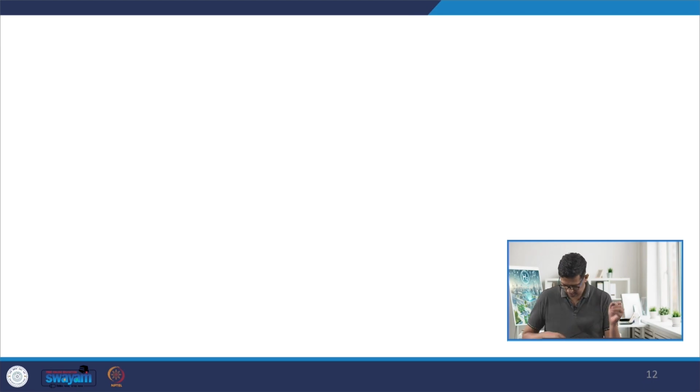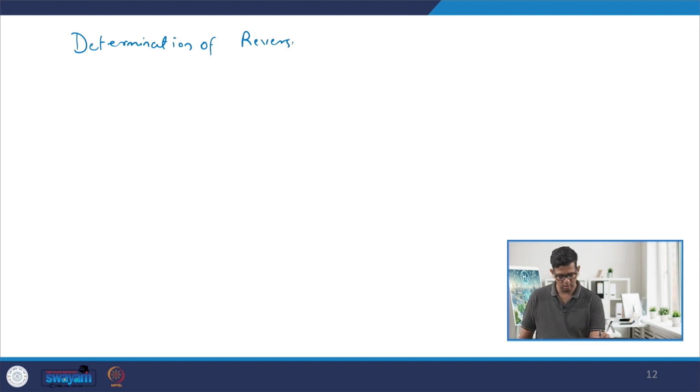So let us go to the next point: determination of reversible potential with change in temperature.